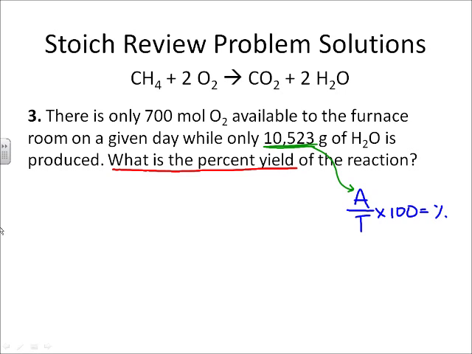So we're going to set up a Stoich problem. 700 moles of oxygen. Let's find out how many grams of water we should have made. So we're going to use our ratios again from our balanced equation.